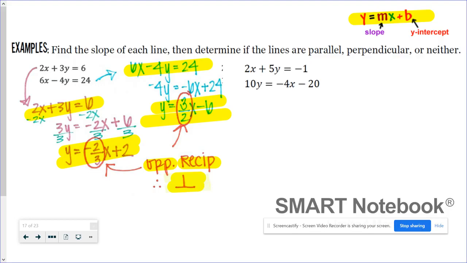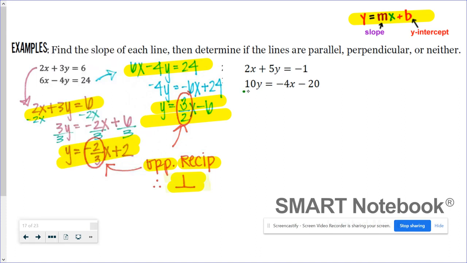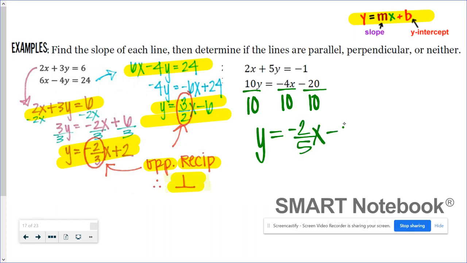I do want to get y all by itself, but that will be easy to do. I simply need to divide everything by 10 in the second equation. And so I'd get y equals, and then negative 4 over 10 is negative 2/5 x minus 2. So that second line has a slope of negative 2/5.